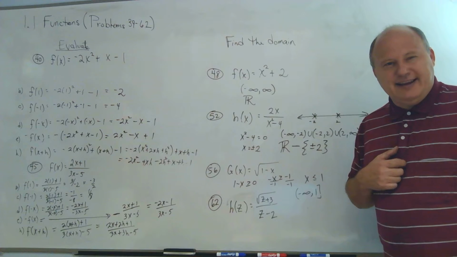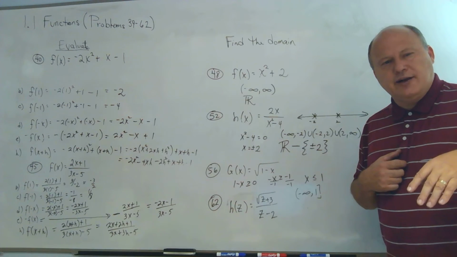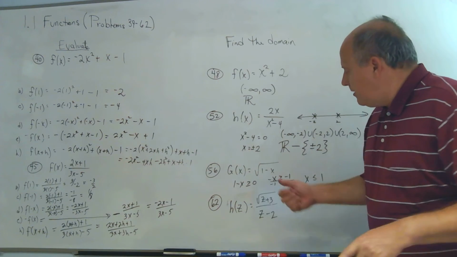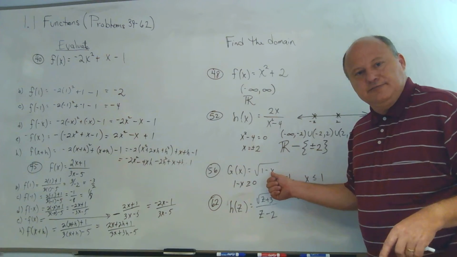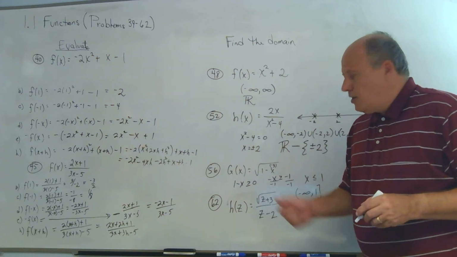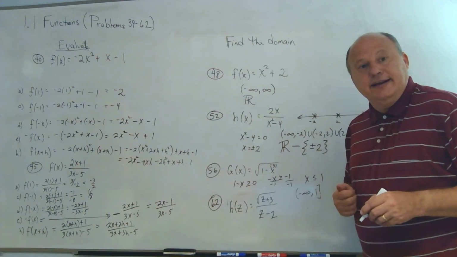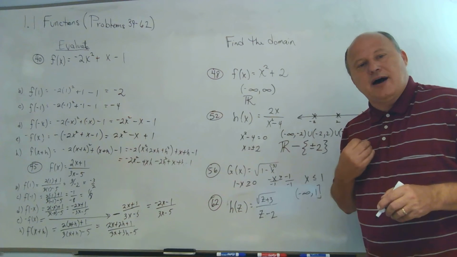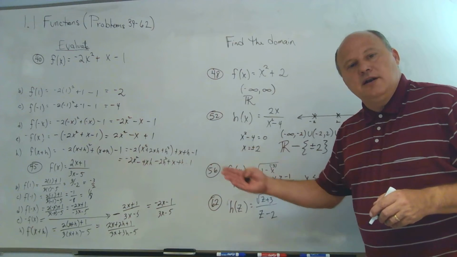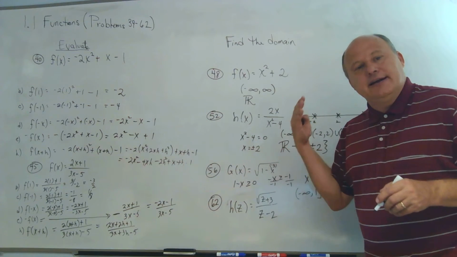So you're like, does that mean negative numbers are okay? Yeah. You're like, wait a minute, you just said negative numbers are not okay. Look what happens when you put negative numbers in. Put in -3 for x. 1 take away -3 is 4. It's positive. So that's why the negative numbers are okay here, because 1 minus a negative number is a positive.